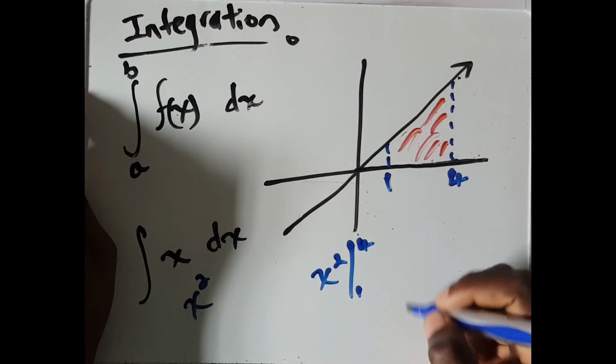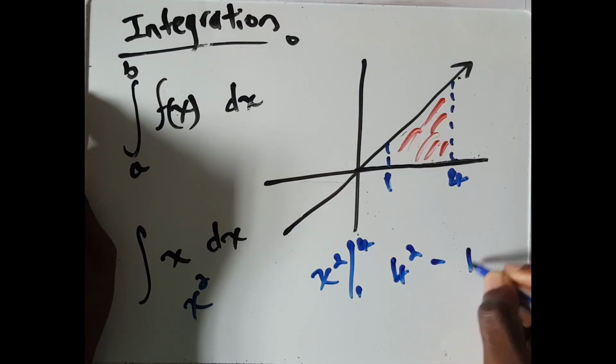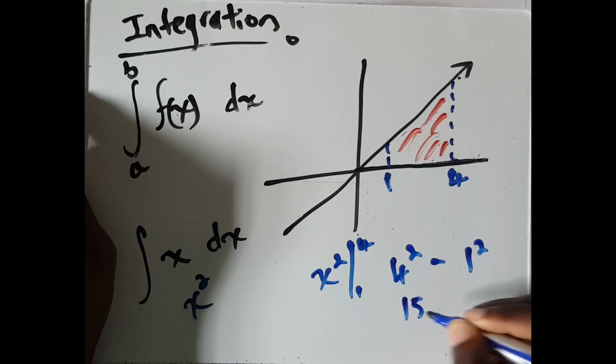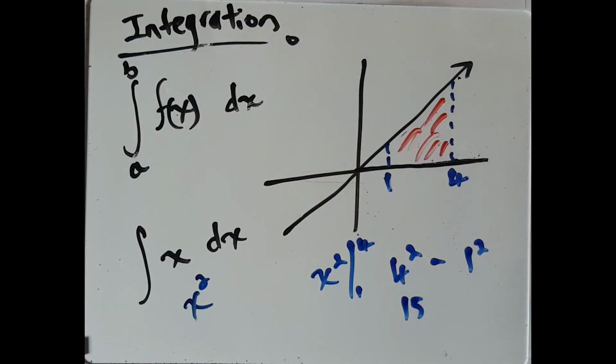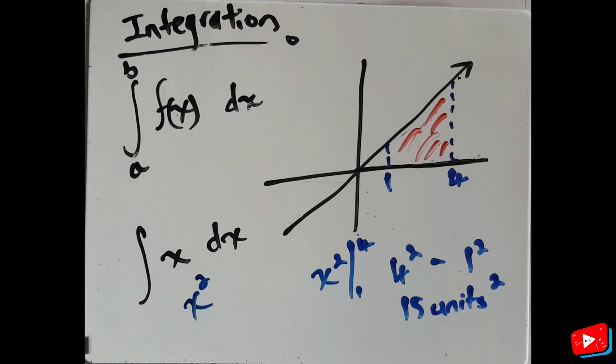I'd have my upper limit first. So I'd have 4 squared minus 1 squared, which would be 15. So the area under the curve between 1 and 4 of x would be 15, and 15 units squared, whatever units it is. Unit should be squared when you're finding area.